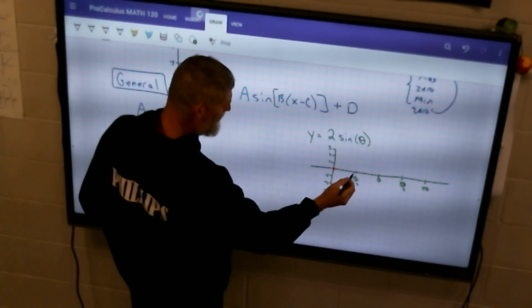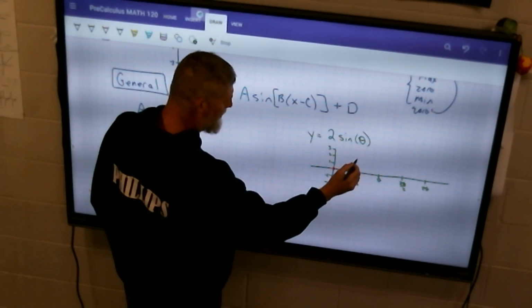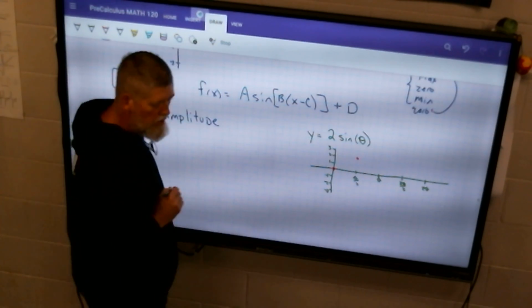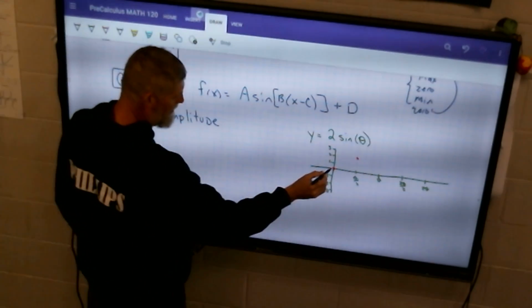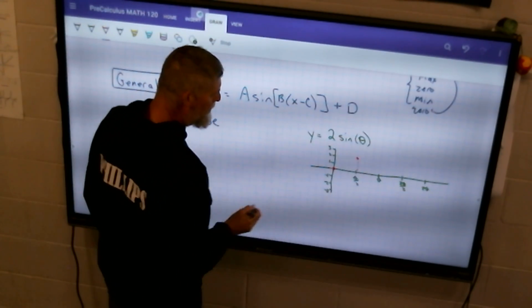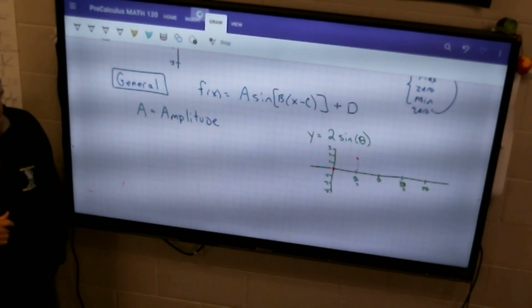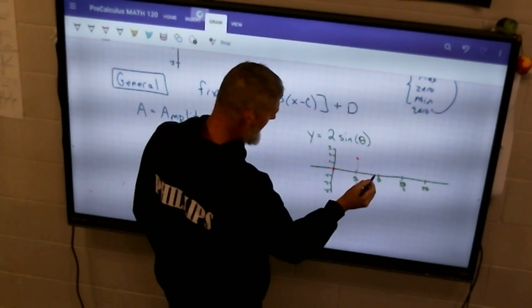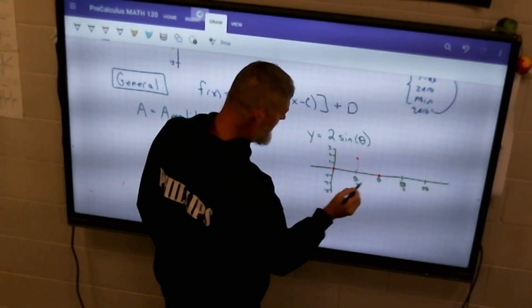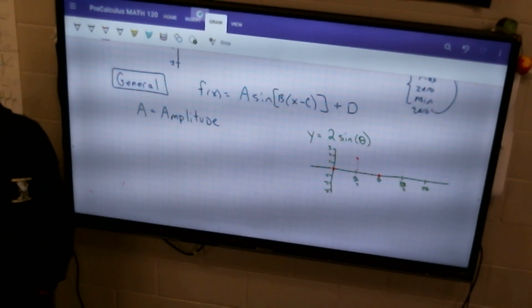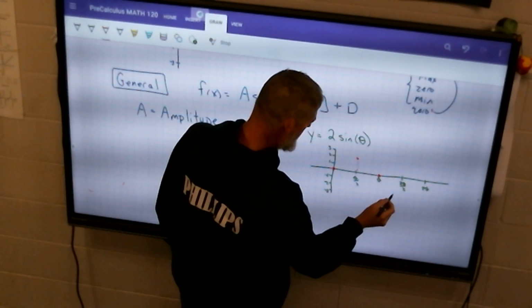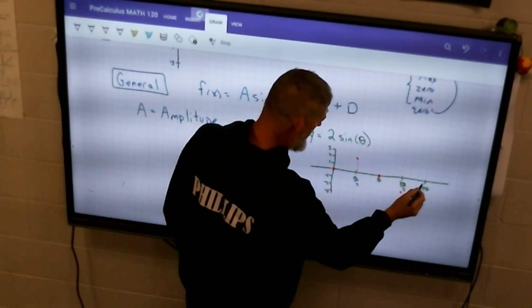At pi over 2, rather than going up to 1, I'm gonna go up to 2. And that amplitude now will be 2 rather than 1. And then we have back down here to 0. What's the next one? Negative 2. I'm going to have 3 pi over 2, and it's going to go down to negative 2. And then back to 0.